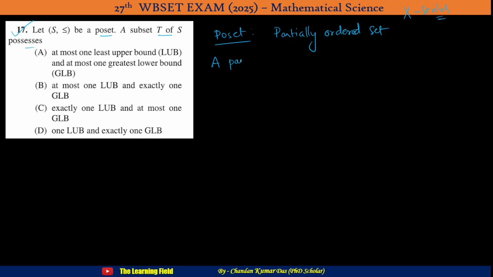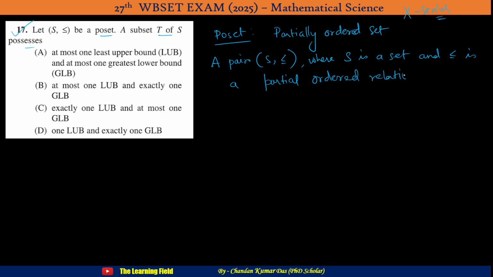And what is the definition of a partially ordered set? A pair S, less than or equal to, as given in our question, where S is a set and less than or equal to is a partial order relation.